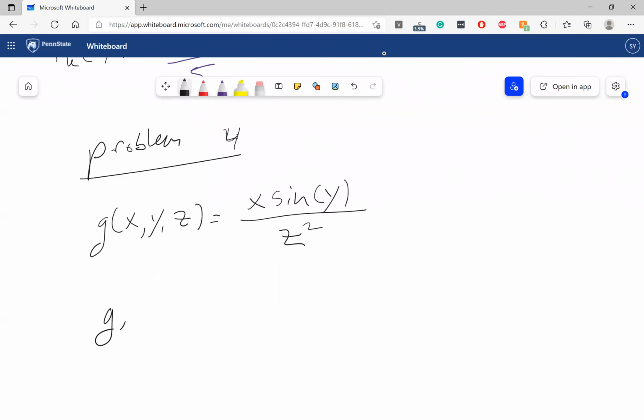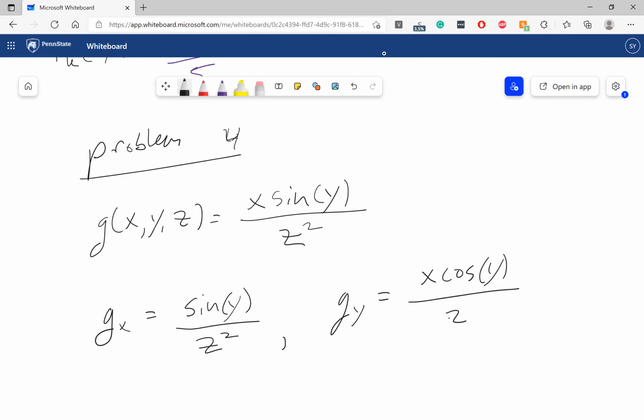The partial of g with respect to x is going to be, and now the x is only on top, and the z on the bottom is being treated as a constant, so you get sine of y over z squared. If we take the partial of g with respect to y, then again, the y is only on top, and the z is being treated as a constant. So we get x cosine of y over z squared.